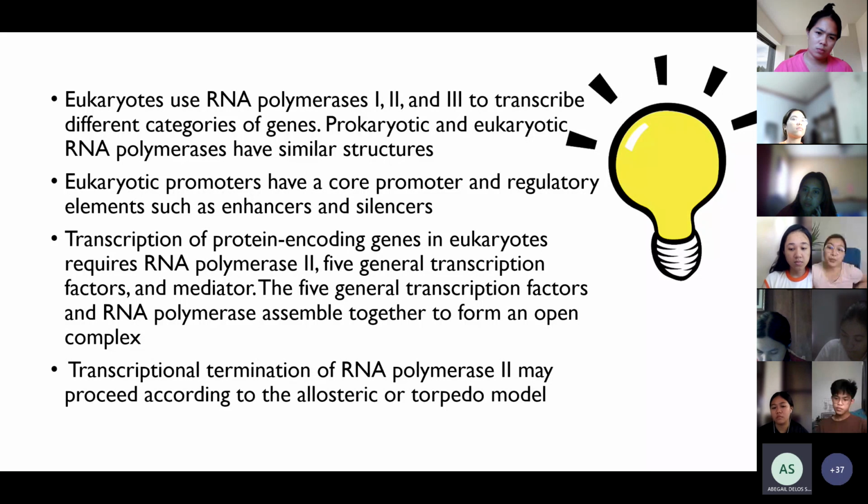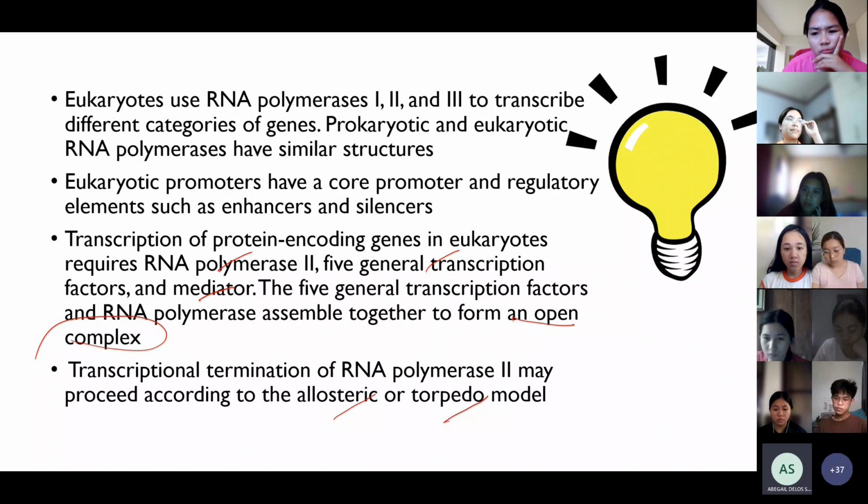Transcription of protein-encoding genes in eukaryotes requires your RNA polymerase, the general transcription factors, and your mediator. The 5 general transcription factors, when assembled together, will form your open complex, and termination may proceed according to either the allosteric or torpedo model.